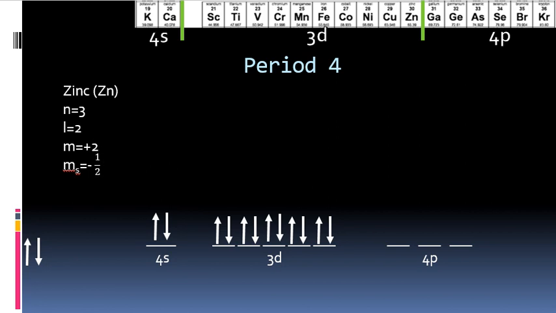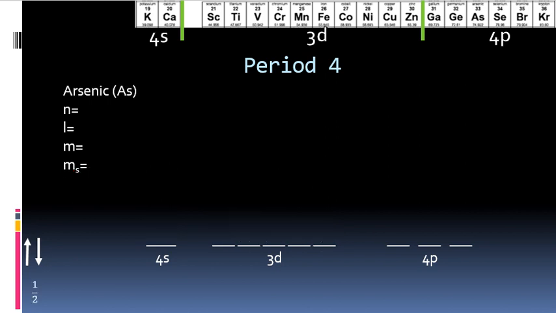Now, one last example, thank goodness, is going to be arsenic. Arsenic is in the 4th period, and it is 3 elements into the 4th p block. So there will be 3 p electrons.